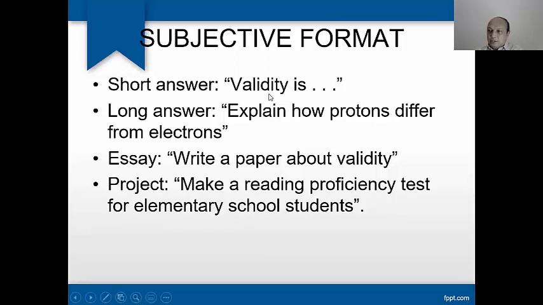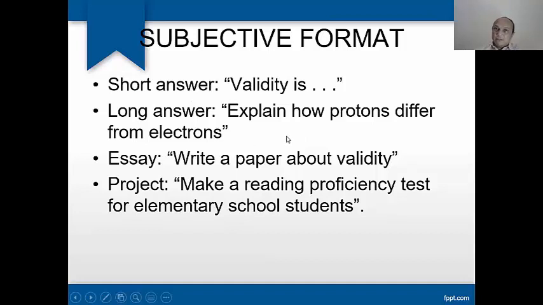Short answer, for example, "Validity is...", and then the test takers have to complete the sentence with a short answer. And long answer, of course, is longer than the short answer. For example, "Explain how protons differ from electrons."